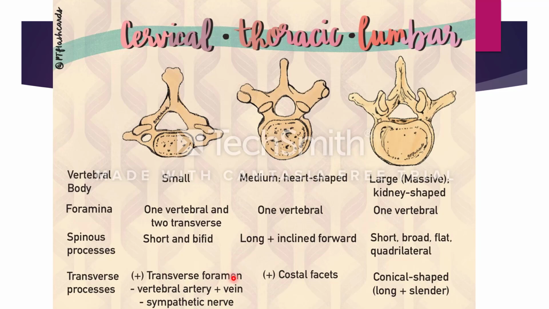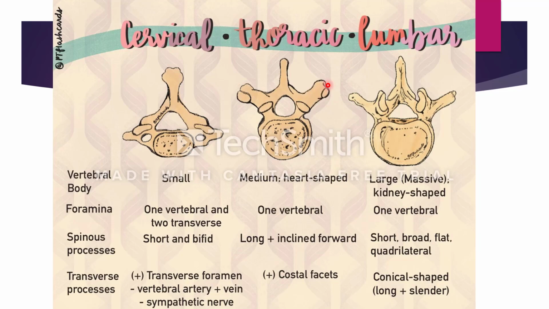Then the transverse processes. See here, there is an additional foramen transversarium in the transverse process through which the vertebral artery will cross. And there is a vein and the sympathetic nerve which pass through this foramen transversarium. In the thoracic vertebra, the transverse processes have the costal facets.